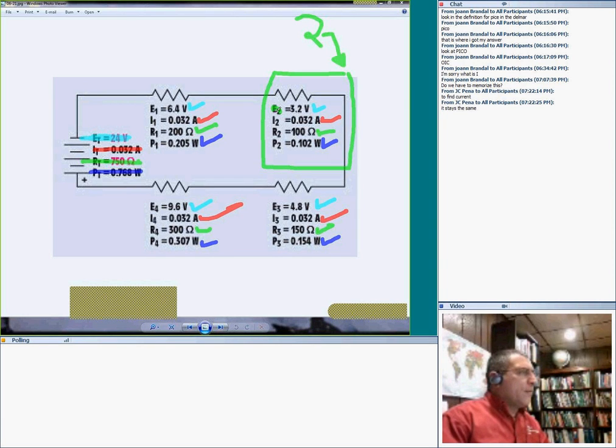For example, if I know the voltage and current, I find everything else. Or if I know the current and the resistor, or the voltage and the power. Any two things that you know, guys, you can find the rest of them. Or the power and the resistor. You need two things from every branch.